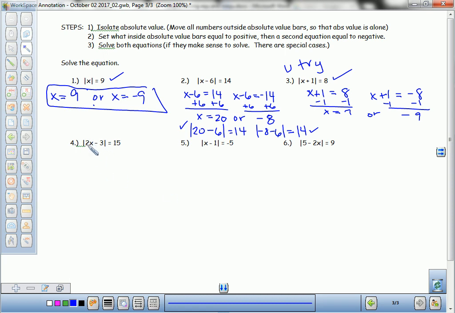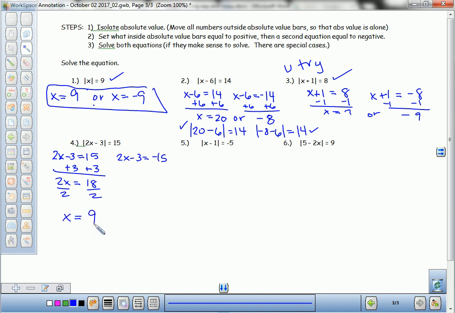Even though these look a little different, it still works the same. So we set this equal to the positive, and we set it equal to the negative. There are a few more steps in solving these. These are 2-step equations instead of 1. So we have to move the 3 now, and then divide by 2.